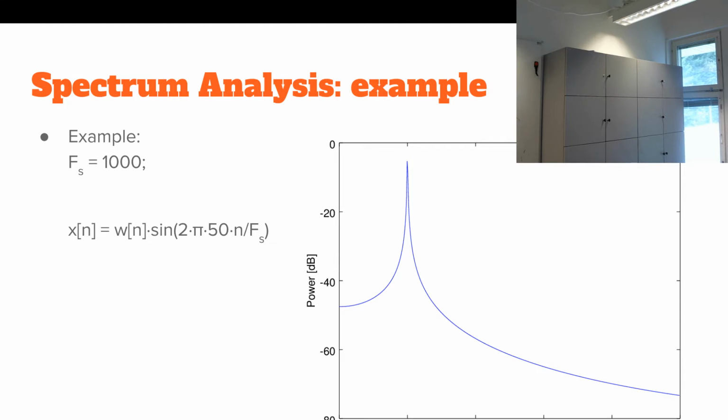And then a couple of other calculations here. 1000 divided by 1024 equals that one, times 50.